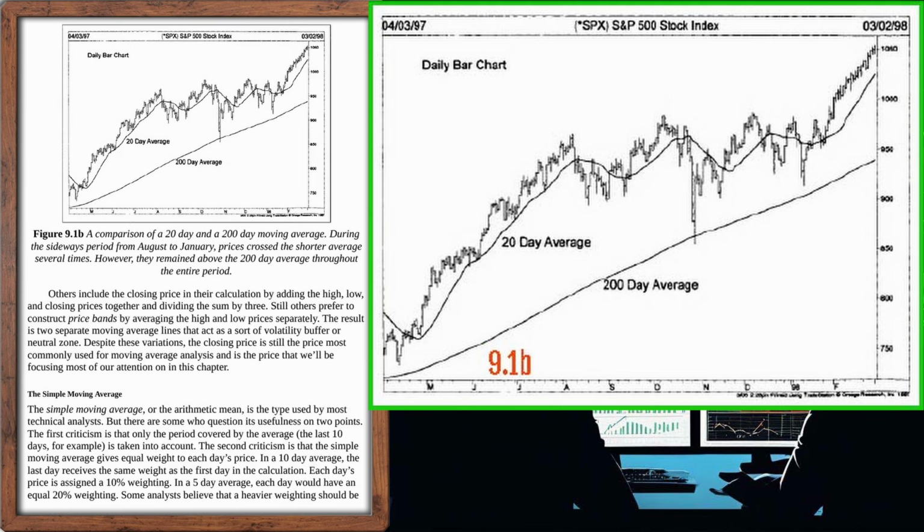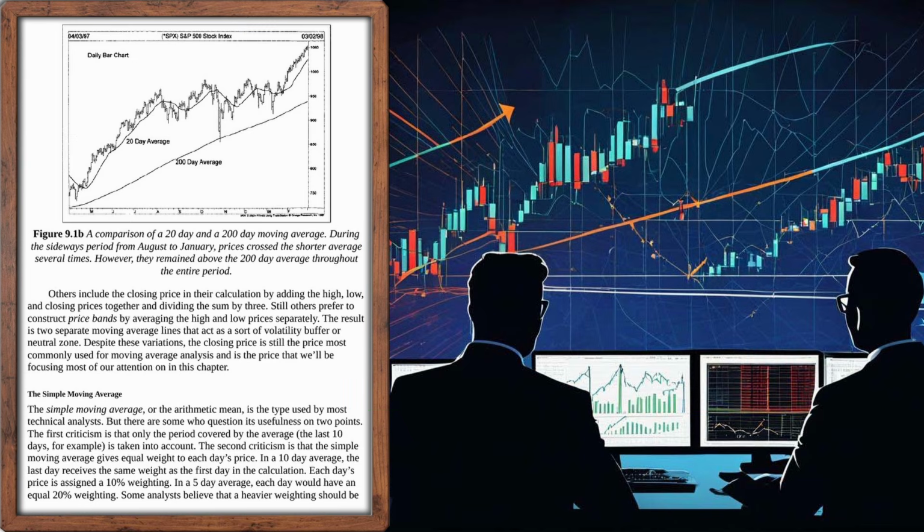Others include the closing price in their calculation by adding the high, low, and closing prices together and dividing the sum by 3. Still others prefer to construct price bands by averaging the high and low prices separately. The result is two separate moving average lines that act as a sort of volatility buffer or neutral zone. Despite these variations, the closing price is still the price most commonly used for moving average analysis and is the price that we'll be focusing most of our attention on in this chapter.